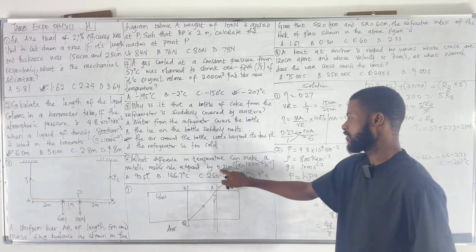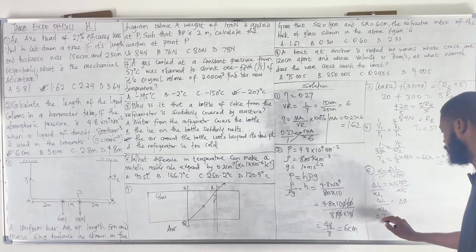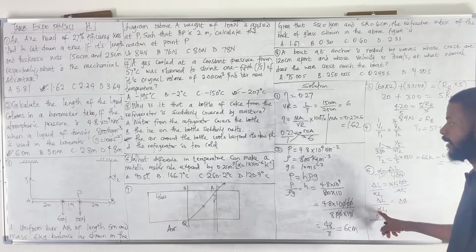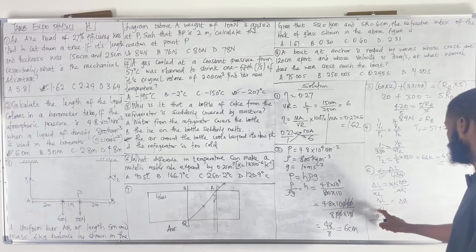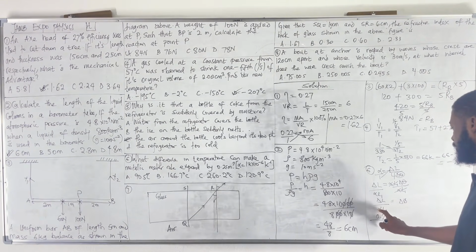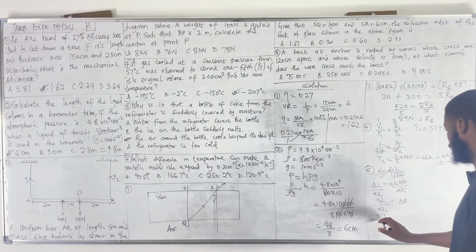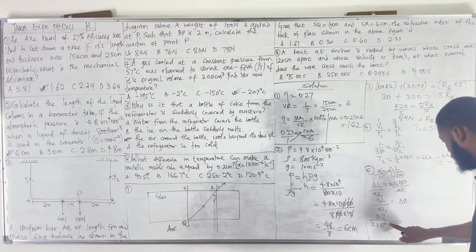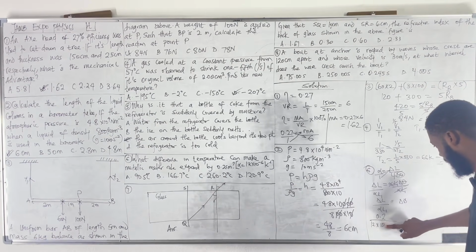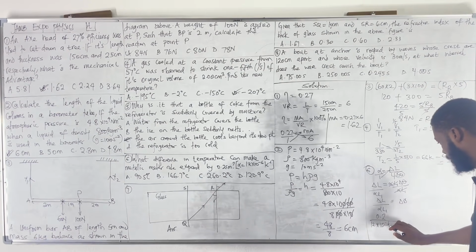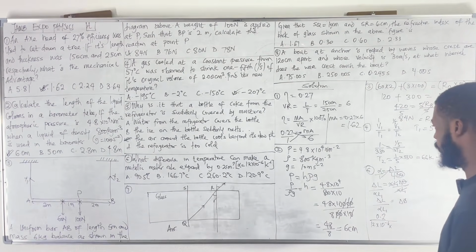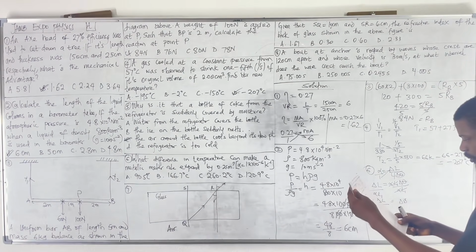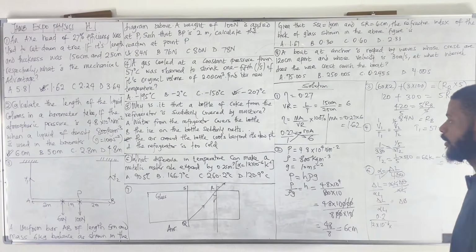It expands by this, so this is the change. So that would be 0.2 divided by 12 times 10 to the power of minus 6, and then times L1. Let me see.